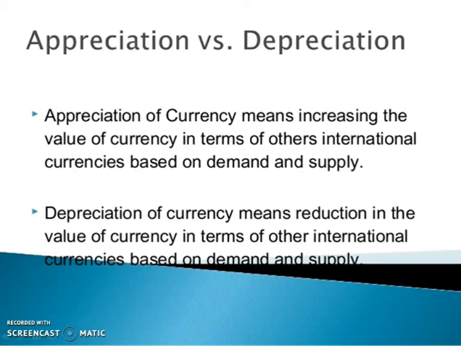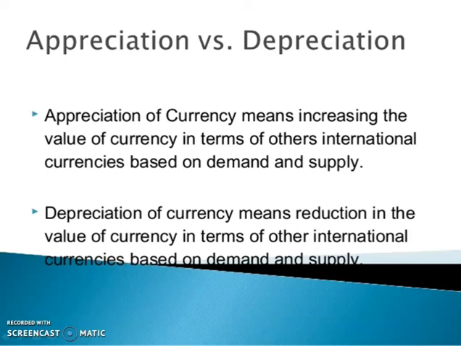We have already discussed devaluation and revaluation, where changes in the exchange rate are made by the government. But appreciation and depreciation happen automatically.